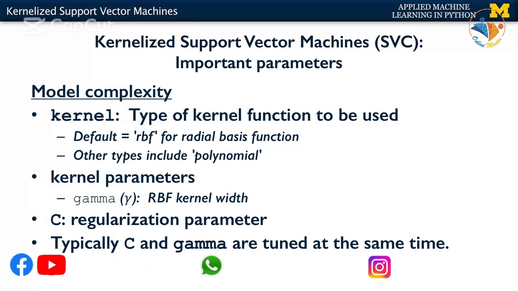In the case of the RBF kernel, SVM performance is very sensitive to the setting of the gamma parameter that controls the kernel width. Finally, for any support vector machine, the C regularization parameter operates as we've discussed before, and is typically tuned with the kernel parameter, such as gamma, for optimal performance.